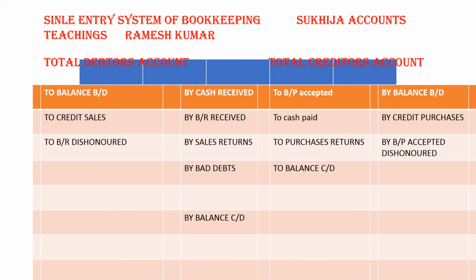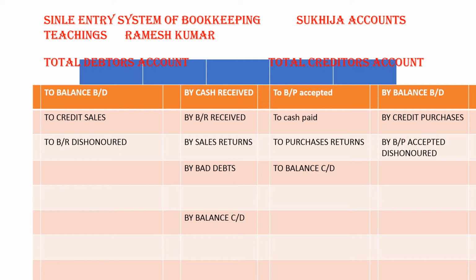Bad debts amount is the amount which is irrecoverable from the debtors. Either the person concerned has become insolvent or due to any financial reason he or she is not capable of paying his or her debts.